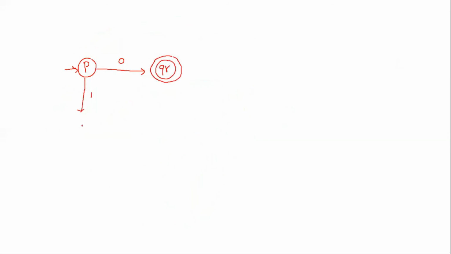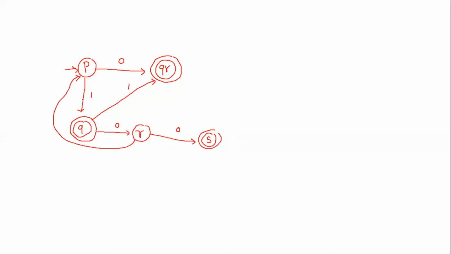For 1, it goes to Q. Then Q for 0 goes to R. Q for 1 goes to QR. Then R for 0 goes to S. R for 1 goes to P.